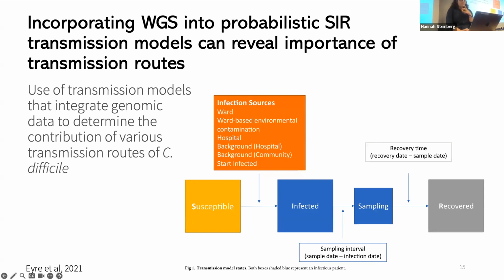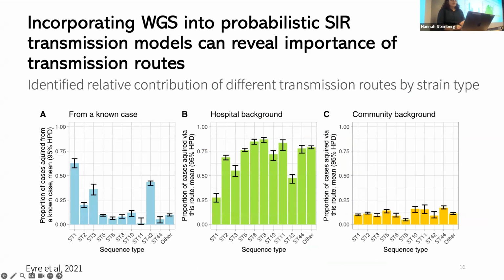And by utilizing the whole genome sequencing data, they were able to determine by strain type what were the most common routes of transmission of C. difficile in this hospital. So for example, sequence type 1 was more likely to be from a known donor, while the rest were more likely to be from hospital background.